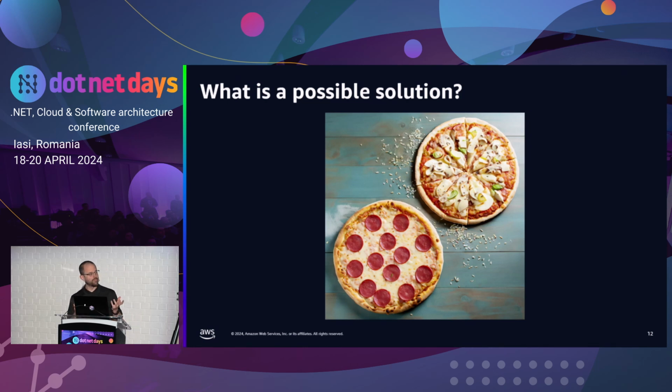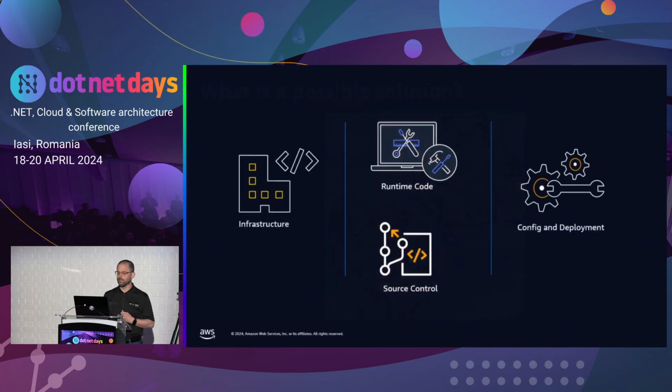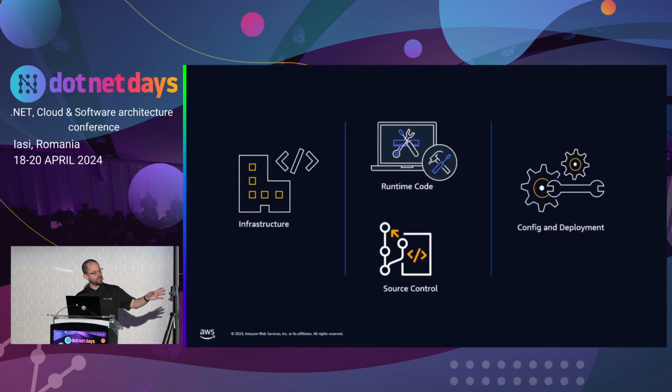So at some point at Amazon, and at AWS more specifically, some teams started to think about this and said, okay, that's really great. We have different tools for provisioning our infrastructure, we have our tool to deploy our application, and we have our tool to manage the configuration and the deployment.